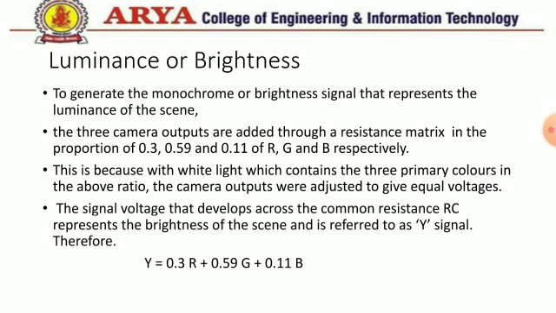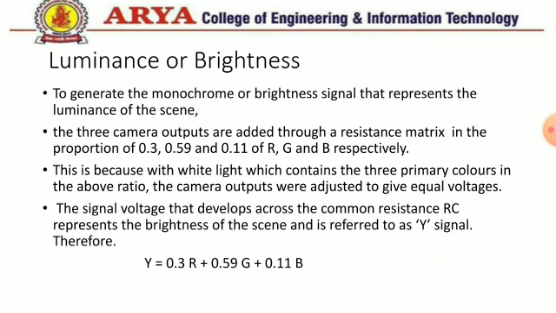To generate the luminance or brightness signal that represents the luminance of the scene, the three camera outputs are added through a resistance matrix in the proportions of 0.3, 0.59 and 0.11 of red, green and blue respectively.